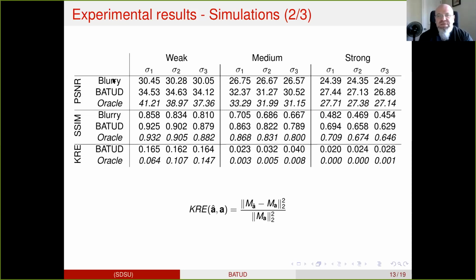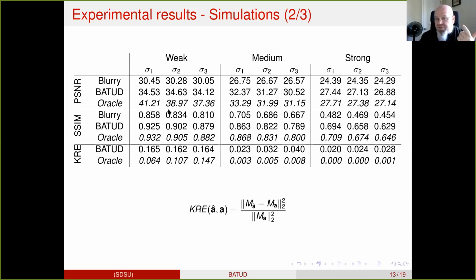What you can see is that the first line for each of those categories is the blurry image, right? And then you have the BATUD algorithm and the Oracle one. In all cases, if my memory is correct, the Oracle of course does a little bit better because it knows the kernel that was used, right? But the BATUD algorithm performs very well as well.